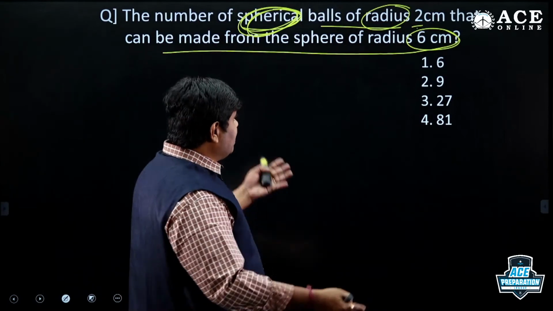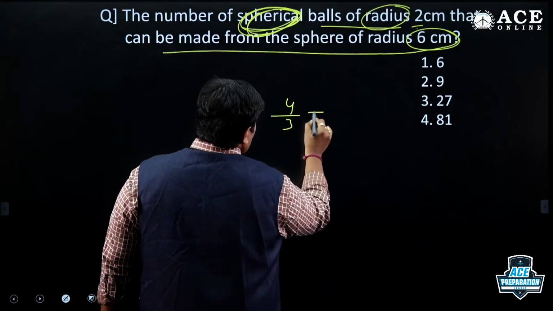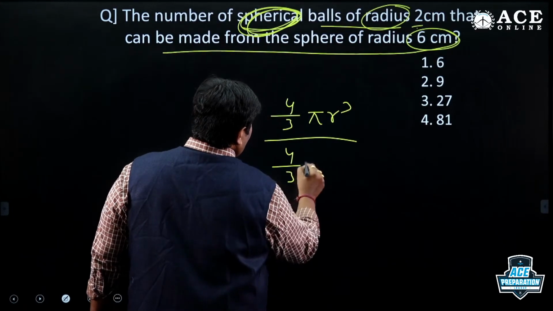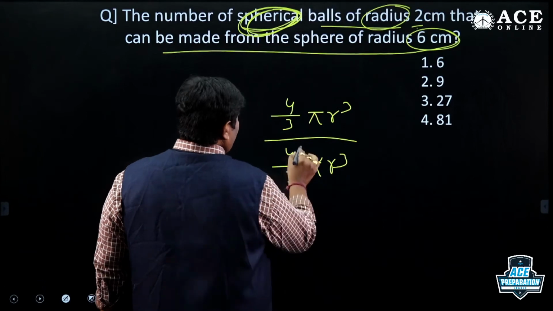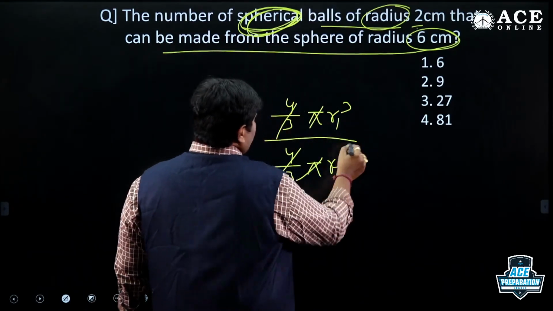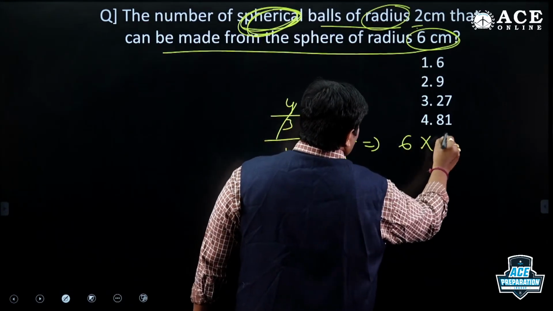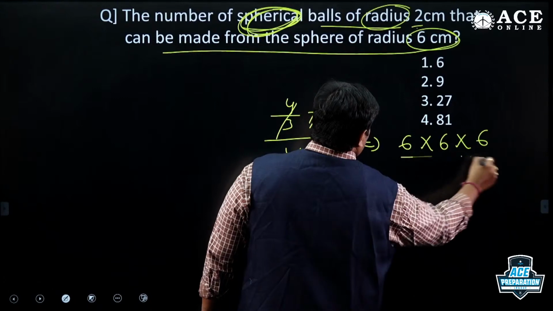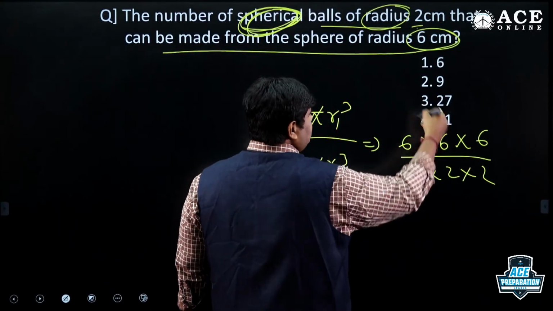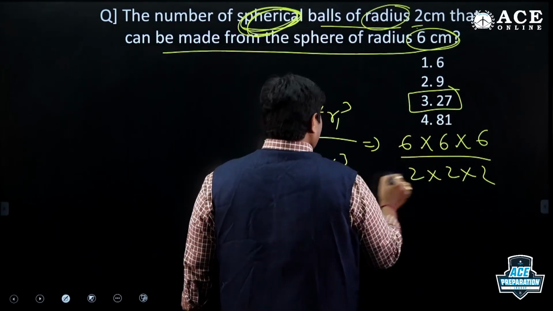The volume of a sphere is 4/3 pi r cube. So 4/3 pi cancels, r cube. The big one has radius 6, so 6 into 6 into 6 over 2 into 2 into 2. 2 threes are 6, so 3 into 3 into 3. So the answer, friends, is 27.